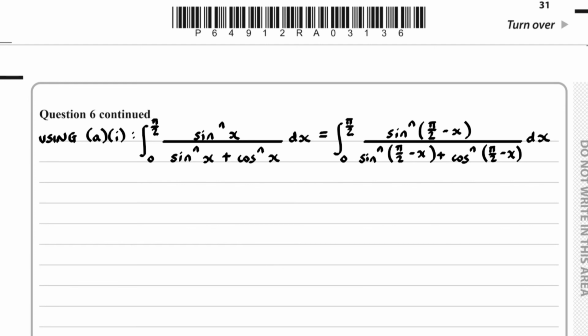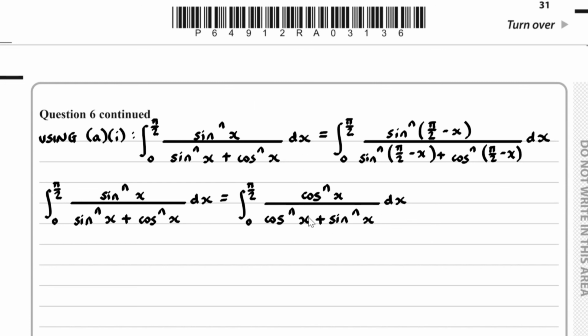Now, the way we can simplify this, well, the left hand side is going to remain the same, but on the right hand side, the sine of pi over 2 minus x, that's the cos of x, and the cosine of pi over 2 minus x, that's just sine x. So on the right hand side we end up with this result here.